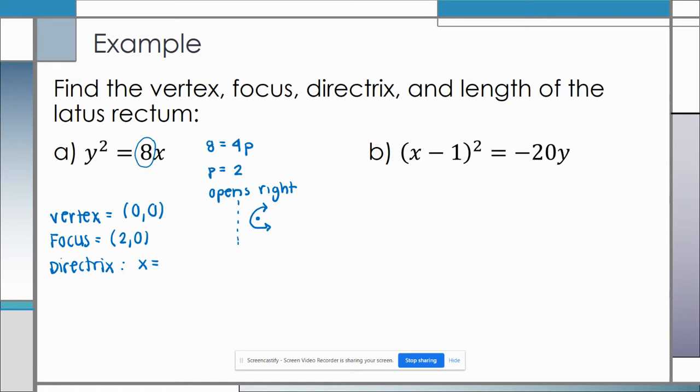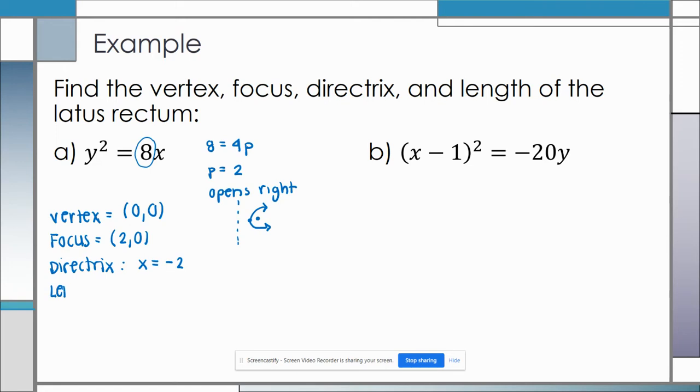So now I just need to know, well, what is that value? From my vertex, if I went 2 to the right to identify the focus point, from the vertex I go 2 to the left to get the directrix line. So from (0, 0), going 2 to the left makes that hit at -2. So x equals -2 would be that directrix.